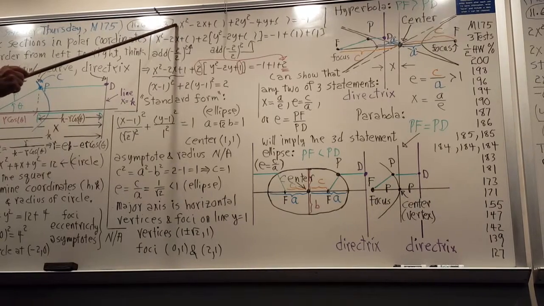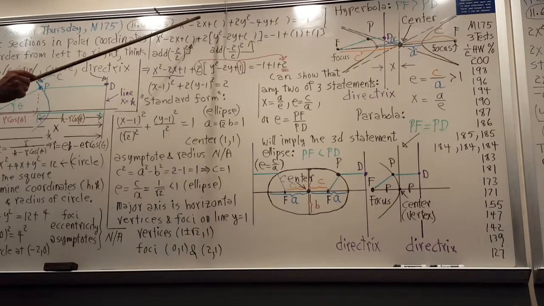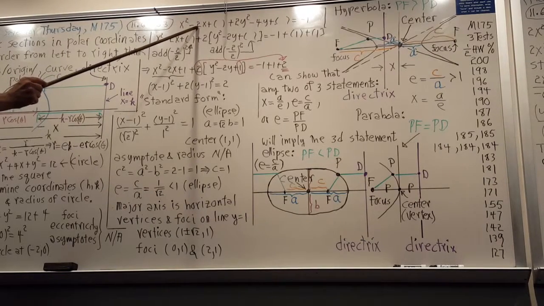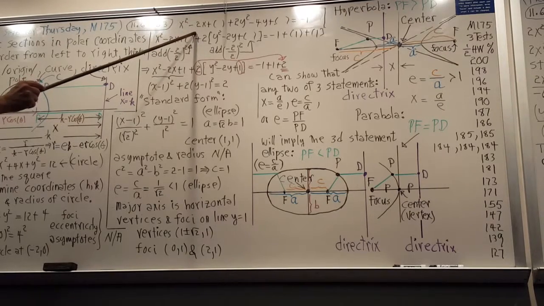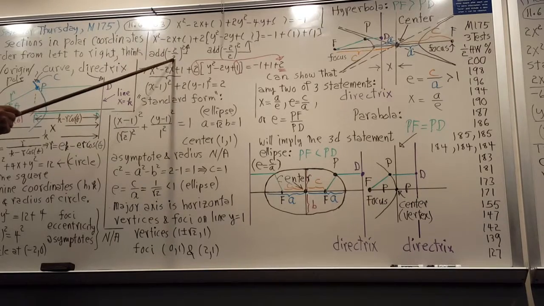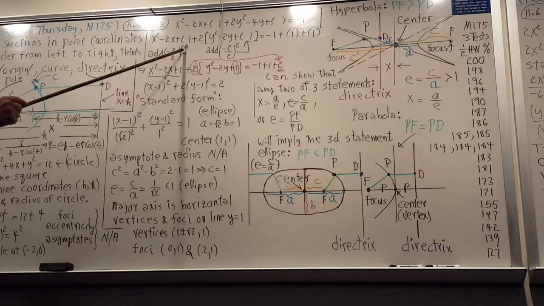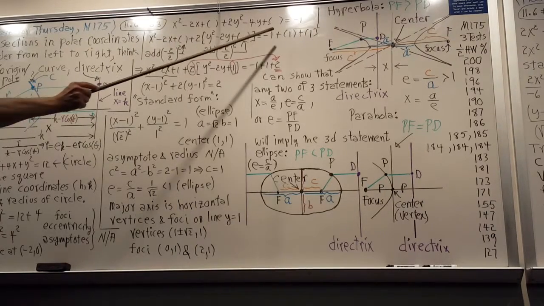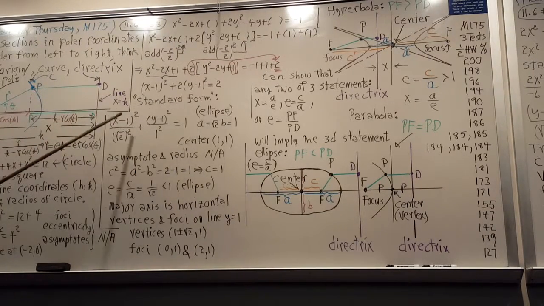So again, this coefficient is a 1, so what I'm going to add here is half of this coefficient squared, which you see would be minus 2 over 2 squared. So I'm really going to add a 1 there, and I'm going to add a 1 there for it.